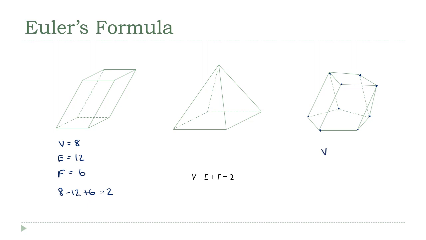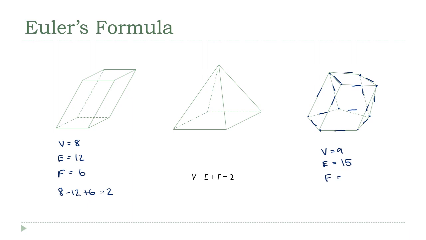Okay, vertices, there are 9. Edges, there's 1, 2, 3, 4. That's that left-hand quadrilateral. 5, 6, 7, 8, 9, 10, 11, 12, 13, 14, 15. I think I got them all.